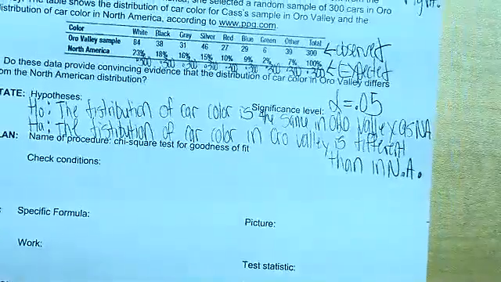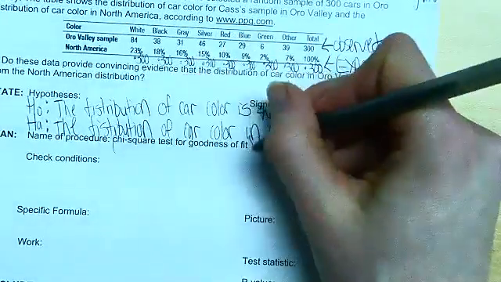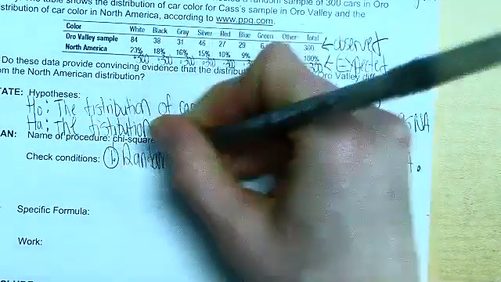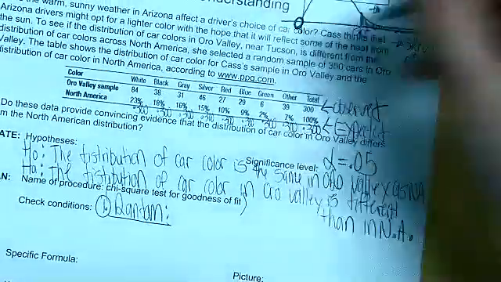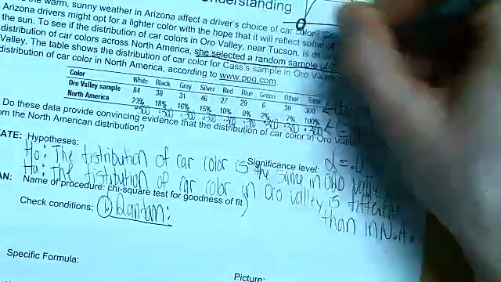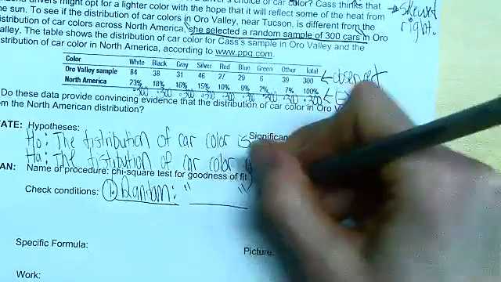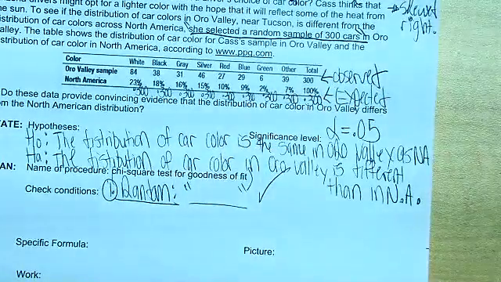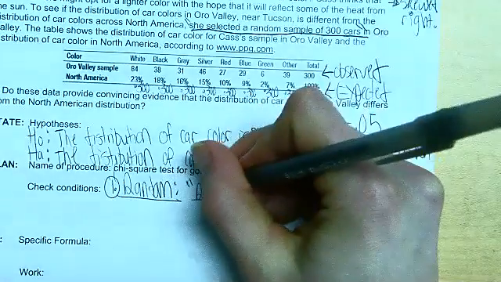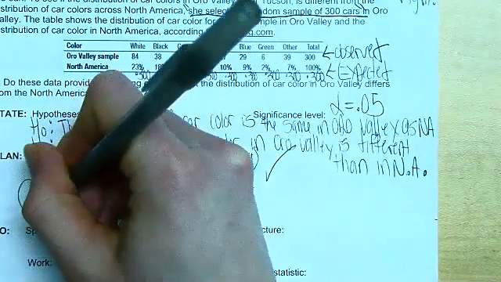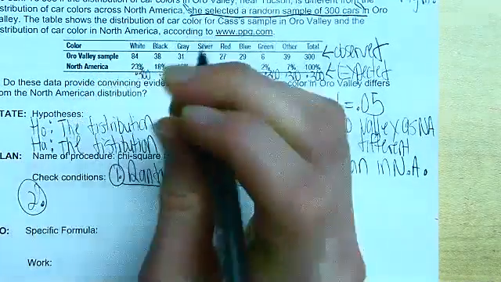Then when we name our procedure, remember if you do this below, it's not necessary, but we do need to check our conditions. The first one is random. I see up here that she selected a random sample of 300 cars. So that's given. And then for step 2, are all of our expected counts big enough?